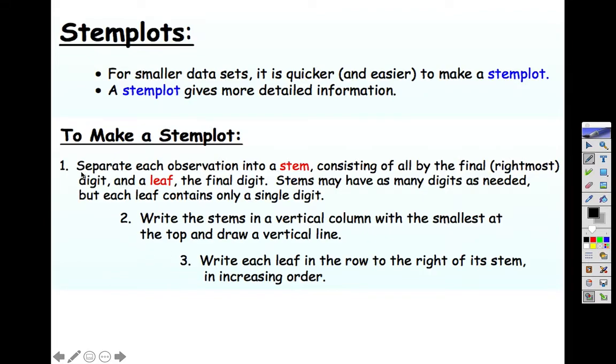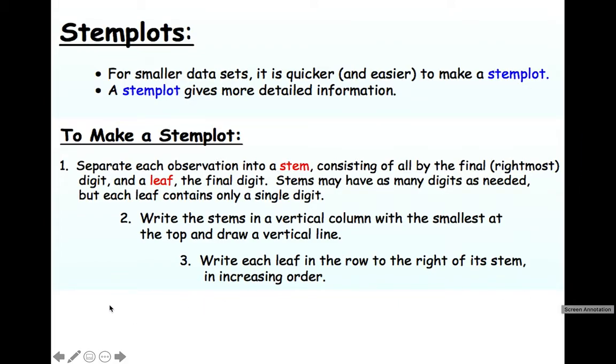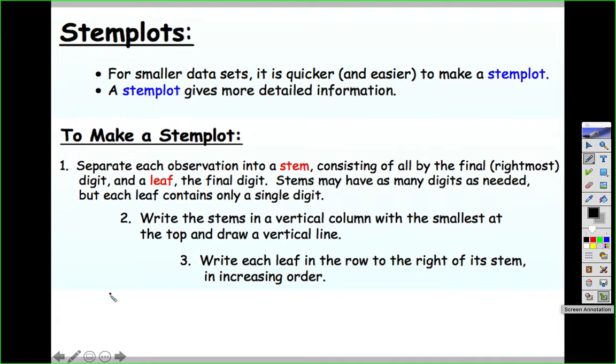All we have to do is separate each observation into its stem and its last digit. So I'm going to show you what a stem and leaf is. First, if I had the number 19, if I had the number 108, and if I had the number 17.9.